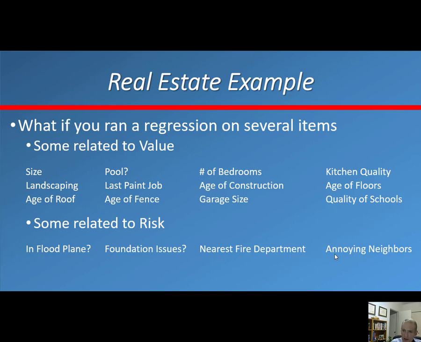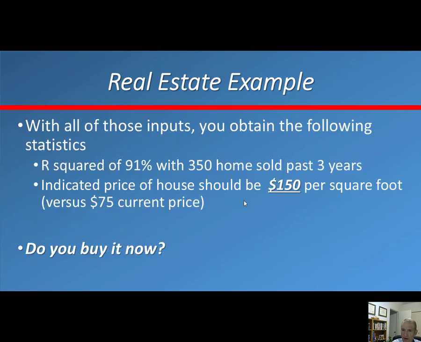So that's all related to risk, and this is key. When you're taking the price of something, you want to compare it to things related to accounting values, and you want to take it and relate it to things related to risk. You have to have all of these components in there. And let's say you bring all of these factors together, and here we tie back to your statistics class. You can get an R squared of 91%.